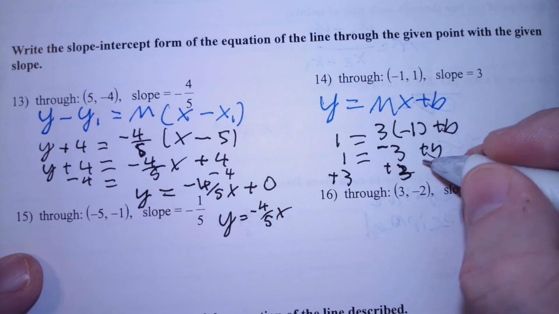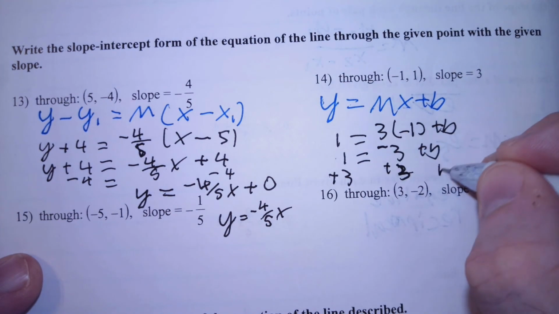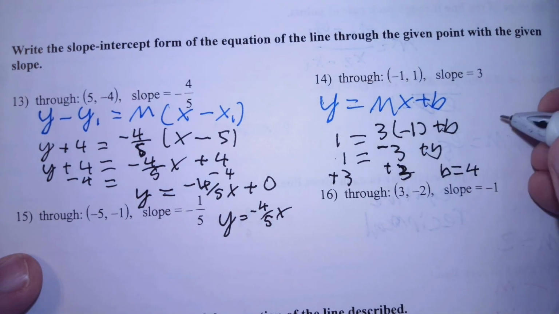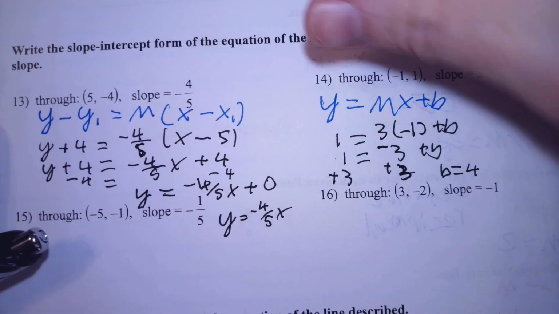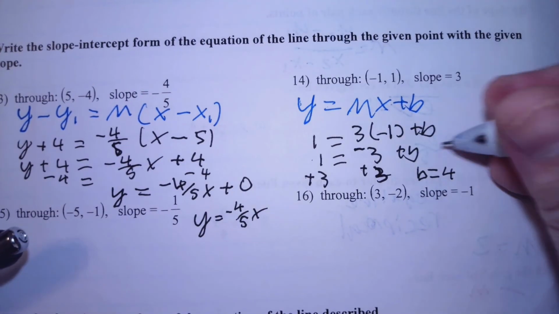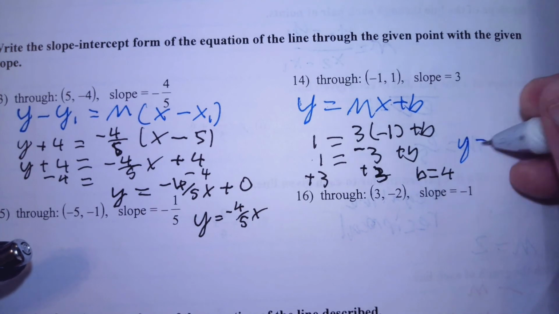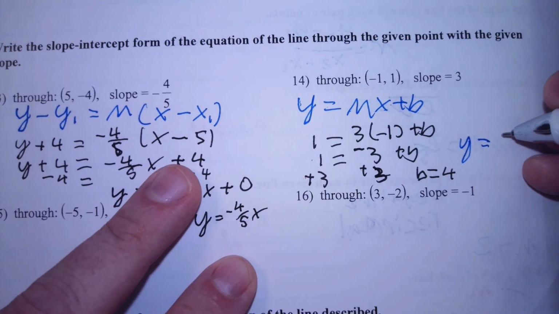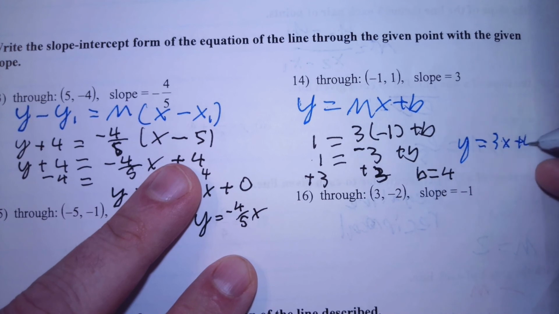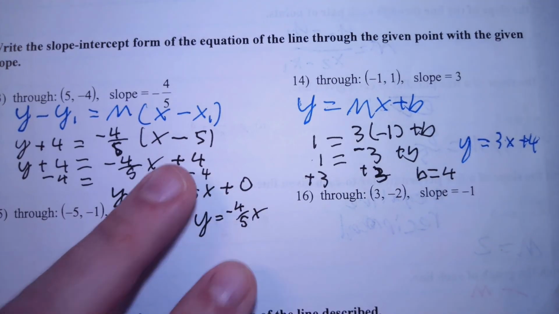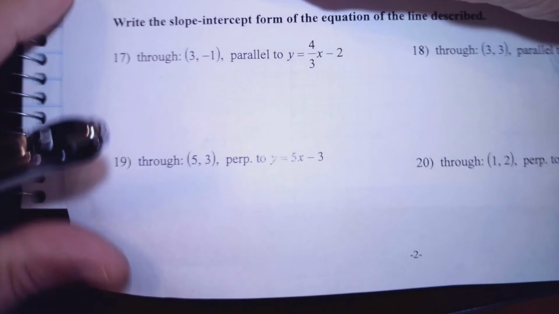And then that is going to be 1 plus 3 is 4, so b is going to equal 4. And so I'm just going to put it in that slope-intercept form. And so the final answer is going to be y equals mx plus b.